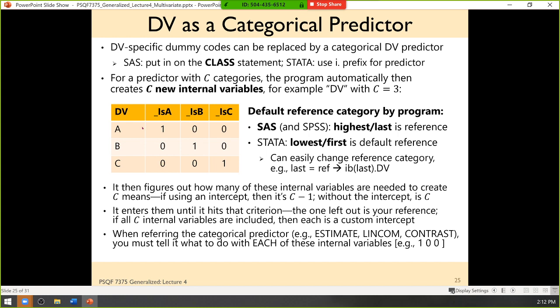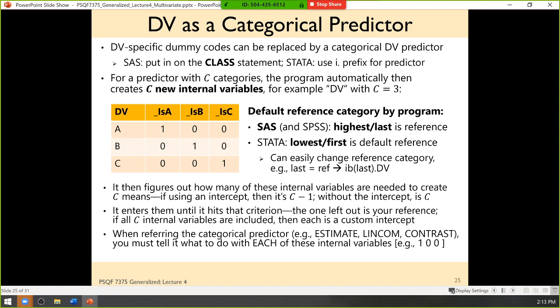It does it internally. You don't have access to those variables, but it wants to know what values would apply to each one. So if you put this DV variable on the class statement or put it as an i. predictor in Stata, internally it's making those same sorts of DV dummy-coded variables. Is it A? Is it B? Is it C? If you have a general intercept in the model, which is what we've always had up to this point, it's going to leave out one of those columns and put the others in.